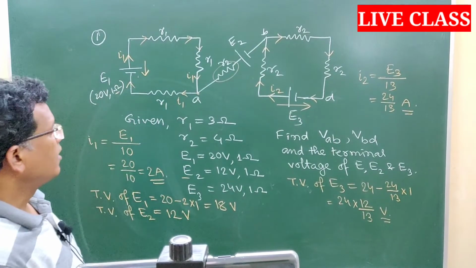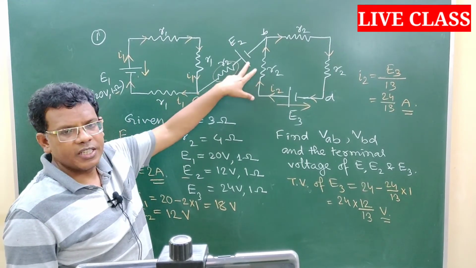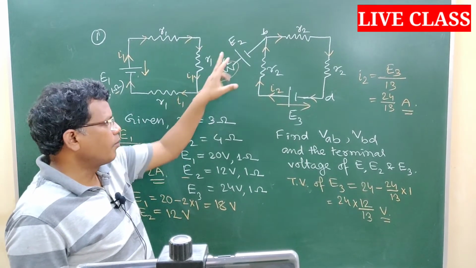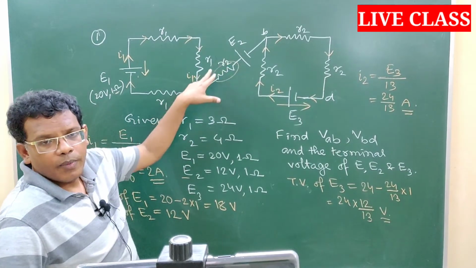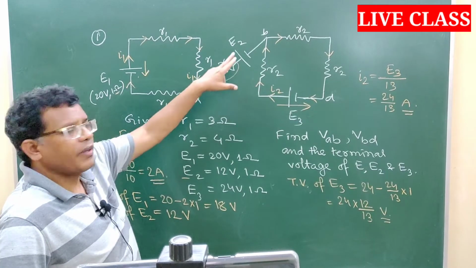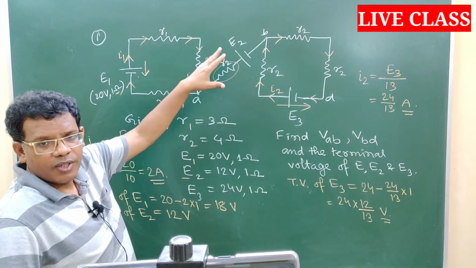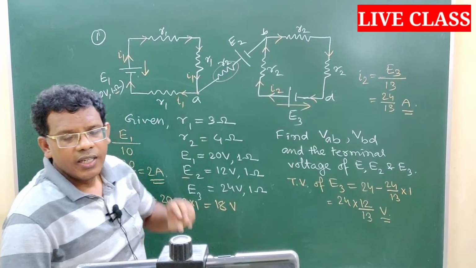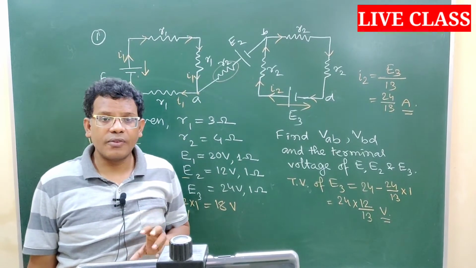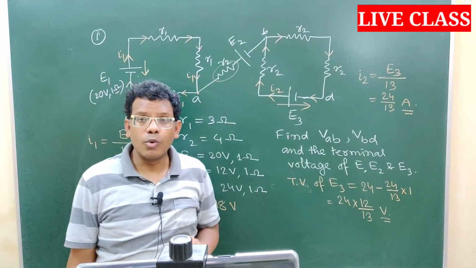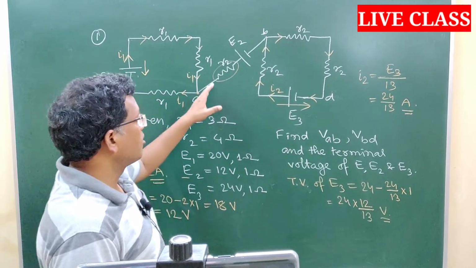Now we need to know the potential difference. The EMF of the battery in this branch E2 will be the potential difference between A and B, because the resistors placed in the branch from A to B cannot read any potential difference as no current is flowing through that branch. We know that in case of a resistor, potential difference across it can only be counted when current flows through it.